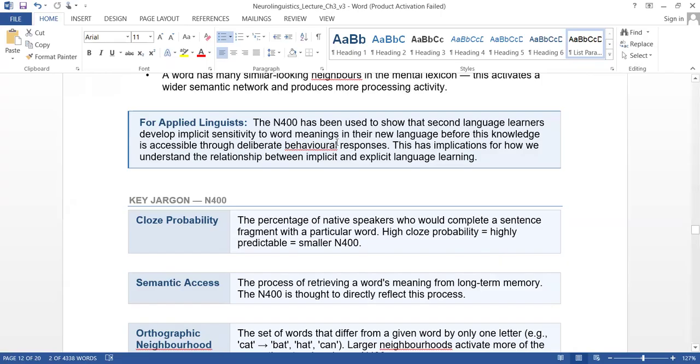Now, the N400 has been used to show that second language learners develop implicit sensitivity to word meanings in their new language. Now, this is very important. Let's suppose I ask you the meaning of a word and you don't know it. Then I show you that word and I look at your brain activity through EEG, and I see that the N400 has a larger dip.